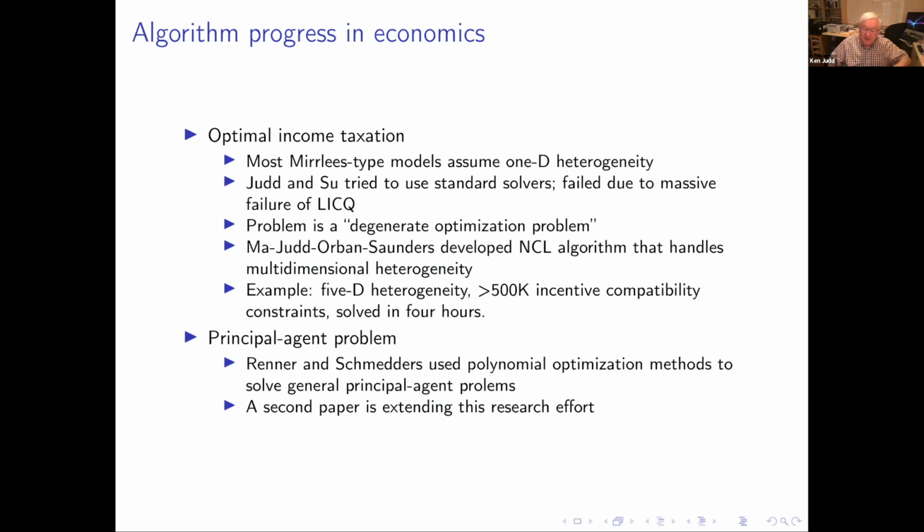Renner and Schmedders showed that they could solve general principal-agent problems. The key thing was that the key components had to be polynomial functions. And by the way, that's not really a serious restriction, when you think that pretty much any utility function that we use in economics can be well approximated by polynomials. And they're extending that in a second paper now.